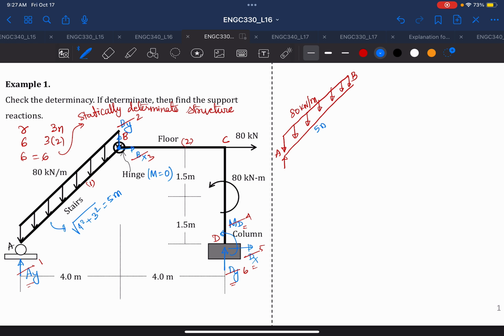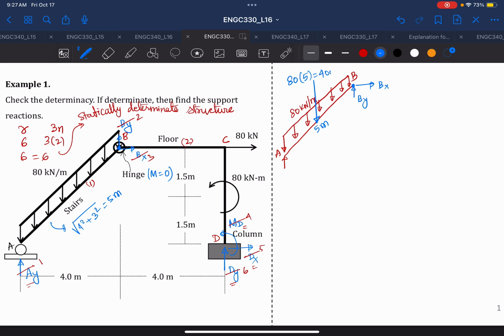So this length is 5 meters, and we have here by and bx. For this, we can consider a point load for this UDL, or uniformly distributed load, as 80 times the whole length.